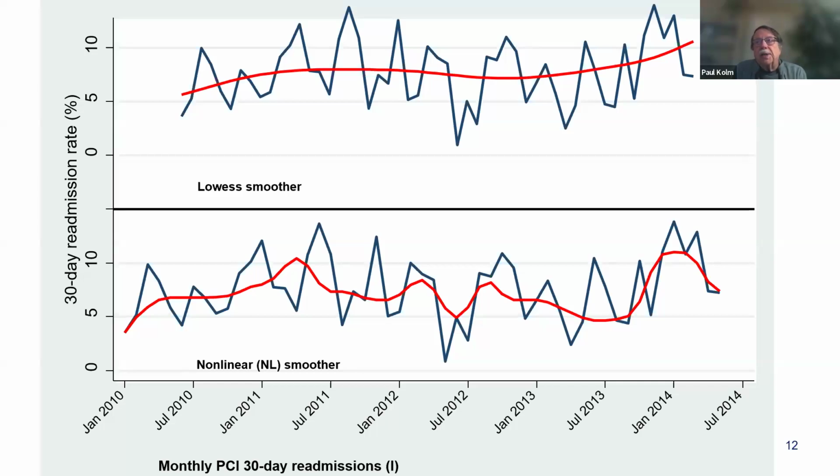Particularly out at the end, from January to July of 2014, we have a big increase and a decrease, which is reflected in the nonlinear smoother, but not in the LOWESS regression smoother.